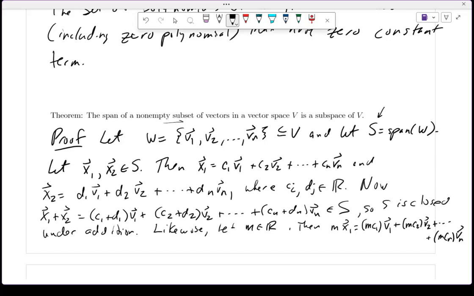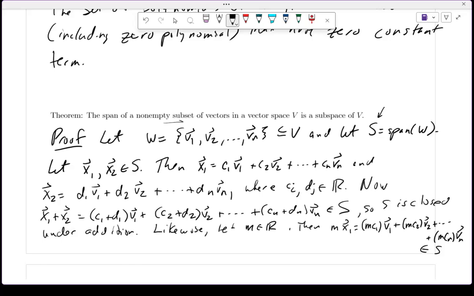Is that a linear combination of the vectors from W? Yeah. So this is back in S again, right? Again, notice there are, in particular, two axioms really being used here. Technically, when you start this, I have m times that whole thing, right? Then I've got to distribute my m to each piece, and so then I have to reassociate my scalars.